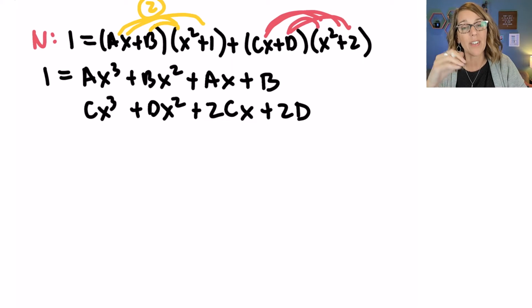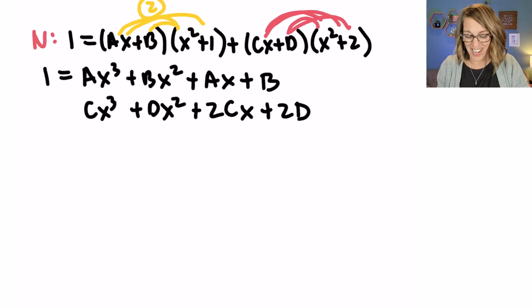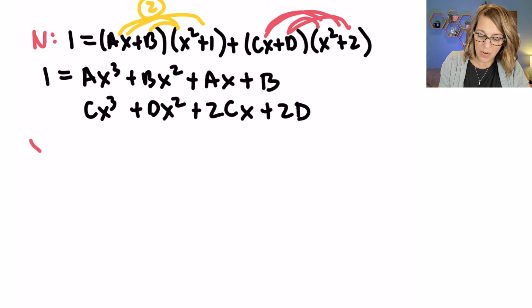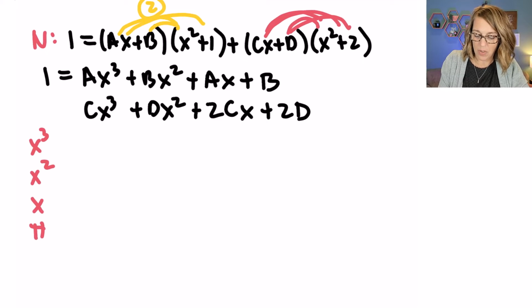And my method is called comparing coefficients. I know that I need the left-hand side, the number 1, to equal the right-hand side. So as I compare my coefficients, I'm going to compare them in order. I've got coefficients for x cubed, coefficients for x squared, coefficients for x terms, and coefficients for constant terms.